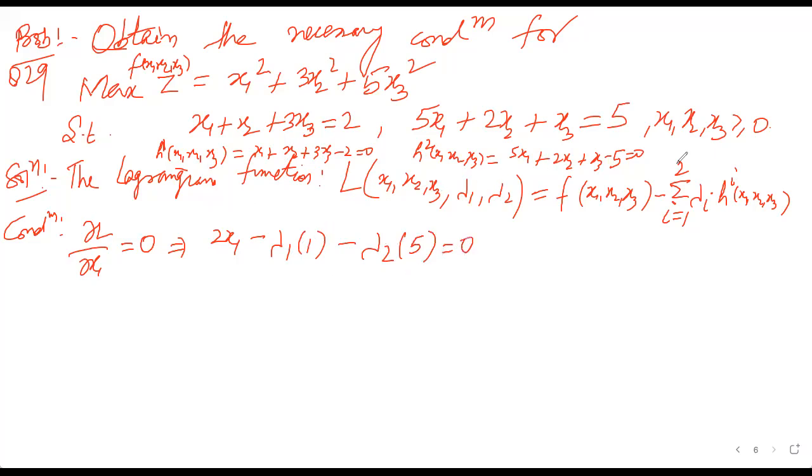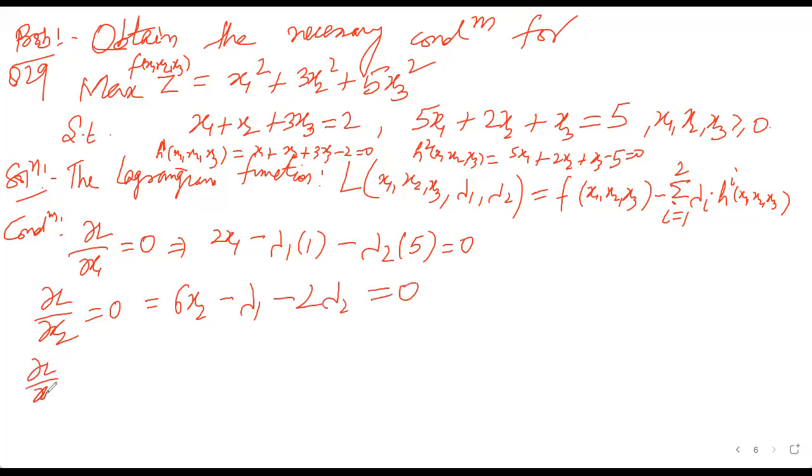Clear? Yes, sir. Similarly, del L over del x2 is equal to 0, how much, tell me quickly. 6x2 minus lambda 1 into 1, minus lambda 2 into 2, so 6x2 minus lambda 1 minus 2 lambda 2 is equal to 0.